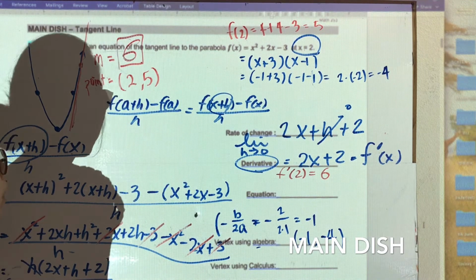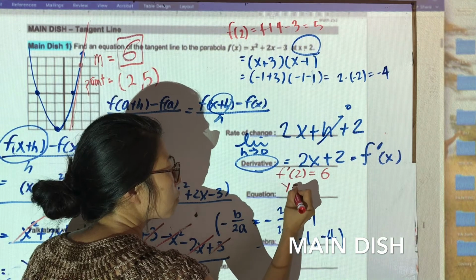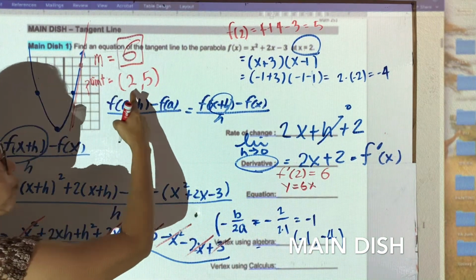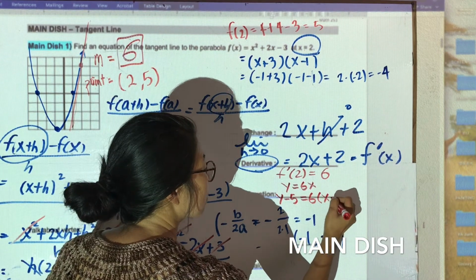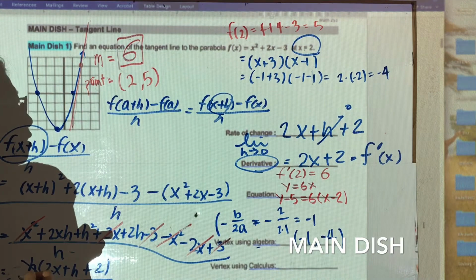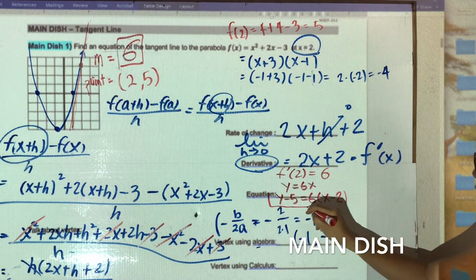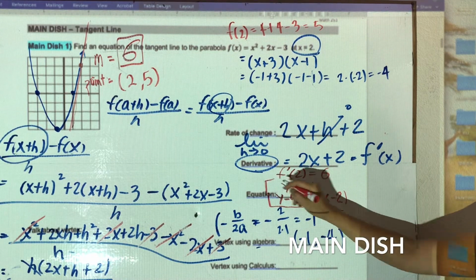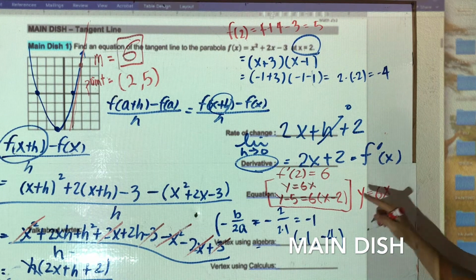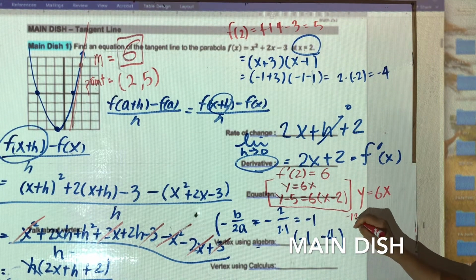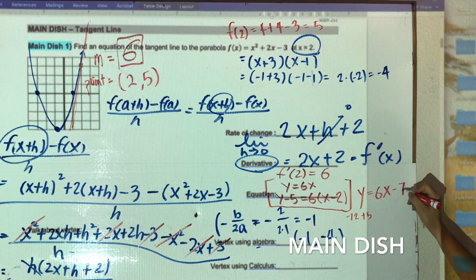Then with the equation, all I need to do is plug in y equals 6x, and then passing through the point, y minus 5 is equal to 6 times (x minus 2). Then Miss Choi likes to have mx plus b form. So let's organize this equation a little bit nicely. So y is equal to 6x minus 12 plus 5, which gives me negative 7.